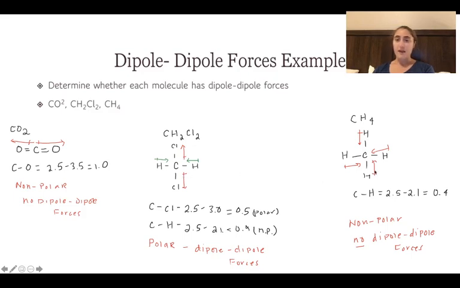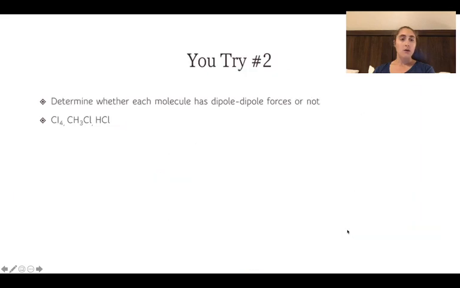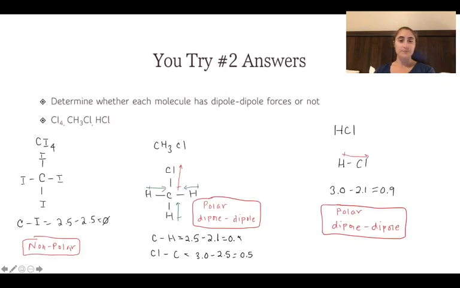And this molecule, CH4, is nonpolar, so there will be no dipole-dipole forces present here. Now this is where you're going to pause and do the U-try, and you'll determine whether each molecule has a dipole-dipole force or not. You'll do that for CI4, CH3Cl, and HCl. Go ahead and pause here, and I'll go over the answers on the next slide.